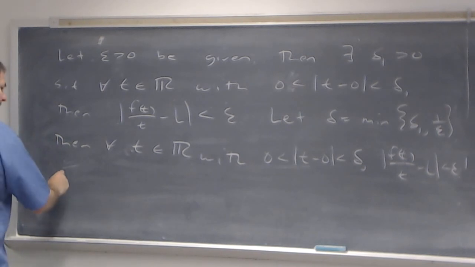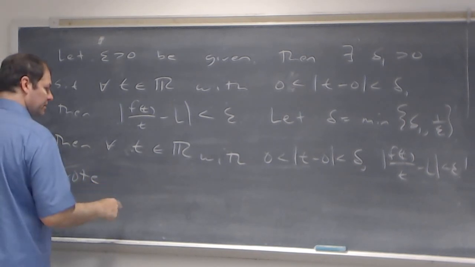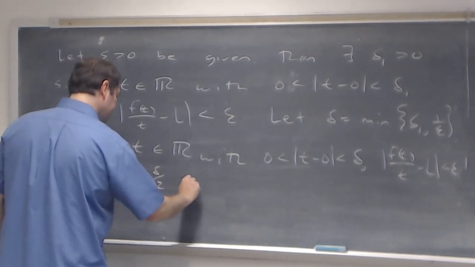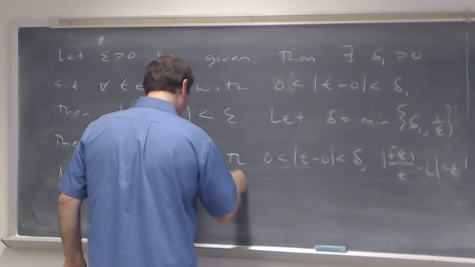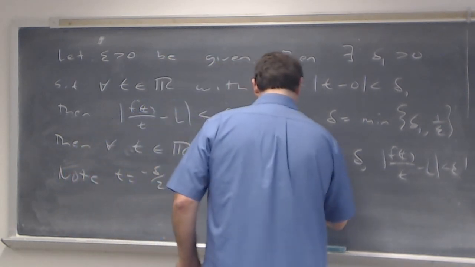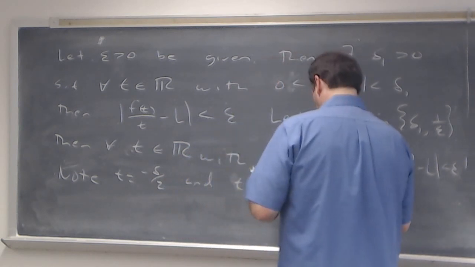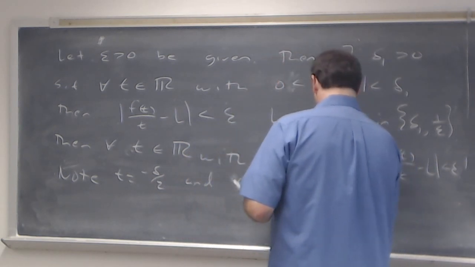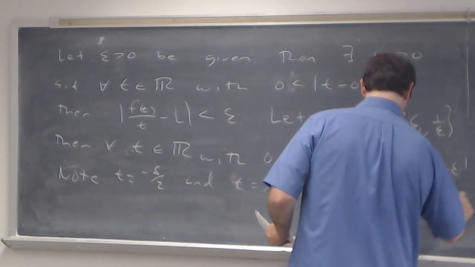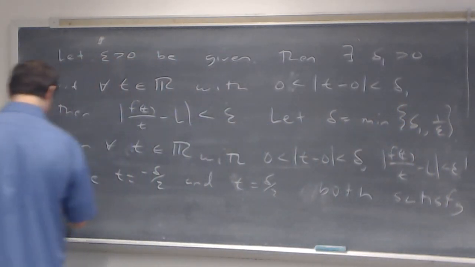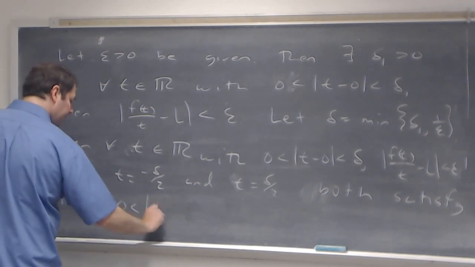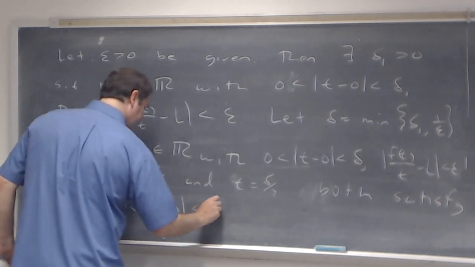Okay? Well, let's take two such t. So note, with t being equal to minus delta over 2 and t equal to delta over 2, they both satisfy that 0 less than the absolute value of t minus 0 is less than delta.